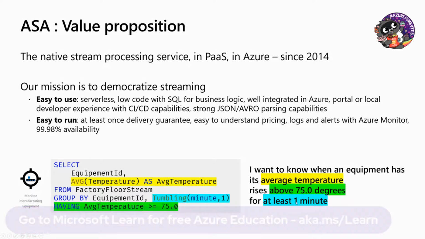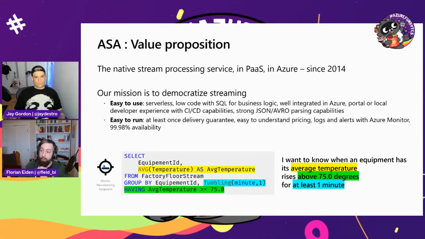Look at the SQL query that you're writing for that specific business requirement. For somebody that knows SQL, and most analysts know SQL, this is very easy to think about. The only subtlety is the "for at least 1 minute". There's a temporal element that's quite new, but when you think about it, it makes a lot of sense.